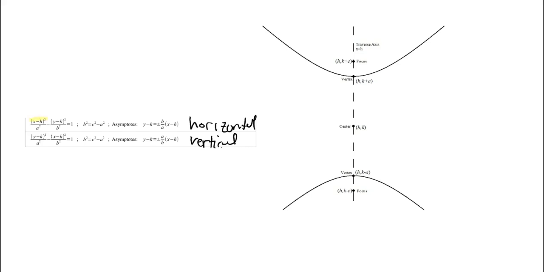So in this first equation, the term that contains x is the positive term and y is the negative term. So with x being the positive term, we have a horizontal orientation. In the second equation, the y is the positive term, and that is with the vertical orientation.